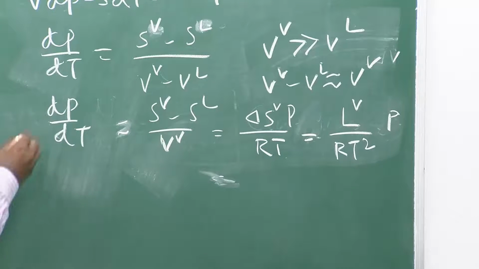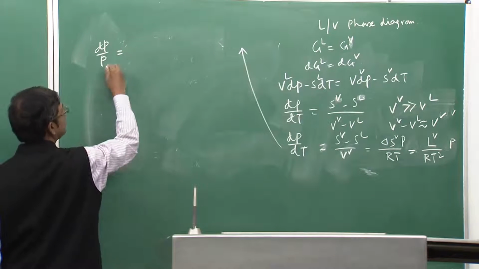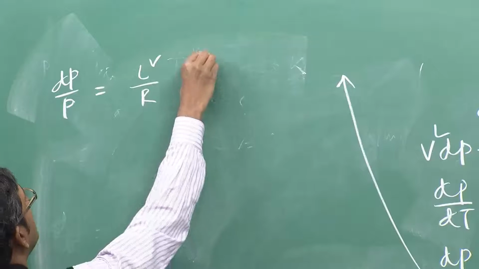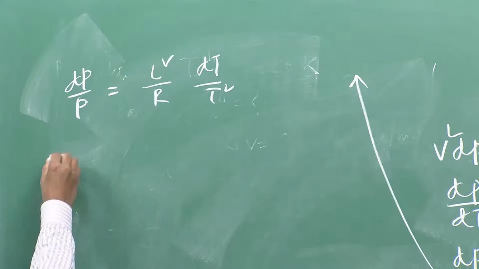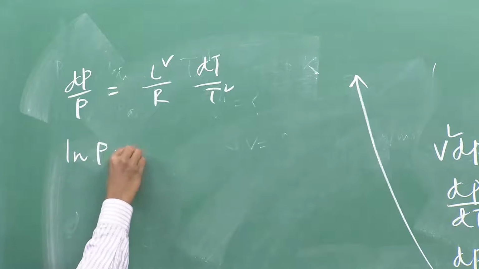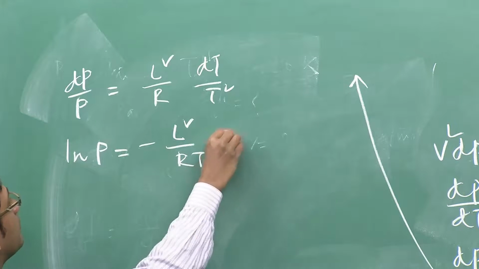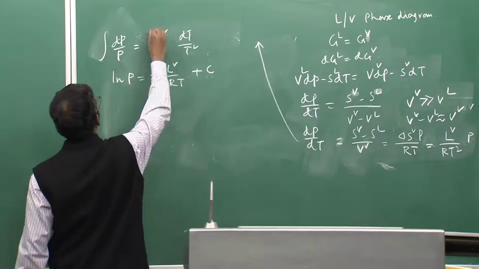So now I take out this expression here and solve this. I can write dP by P is equal to LV by R dT by T square, right. If you integrate that, you will get log of P equal to minus LV by RT plus a constant, that is the integration constant, if you integrate on both sides.